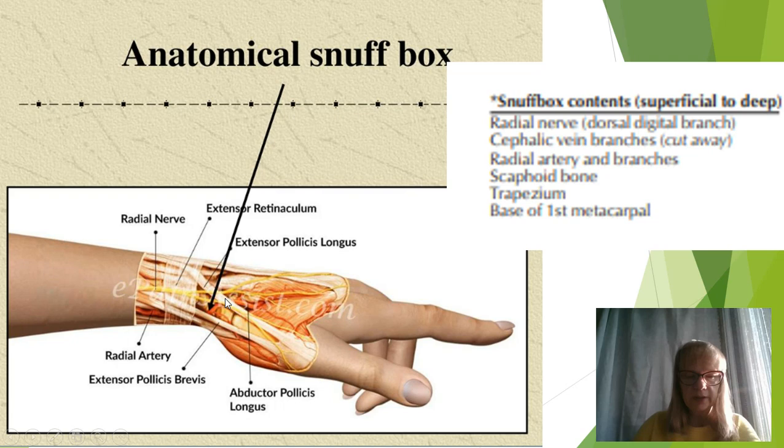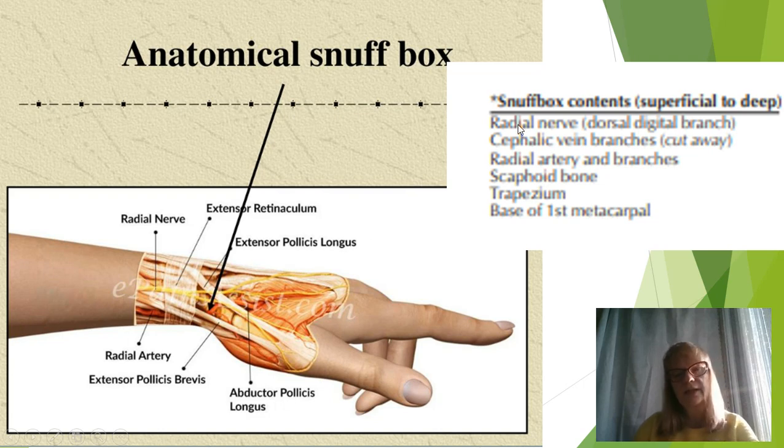This snuff box is located between two tendons of two muscles for the pollex. The first one here is the extensor pollicis longus, and the second is the extensor pollicis brevis. Between the two tendons, we go deeper and we find the anatomical snuff box.